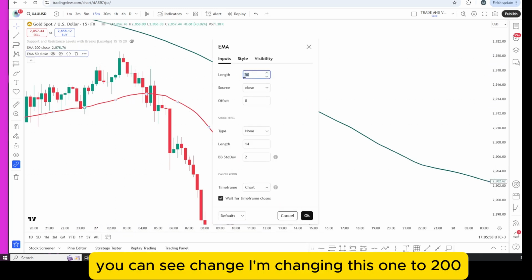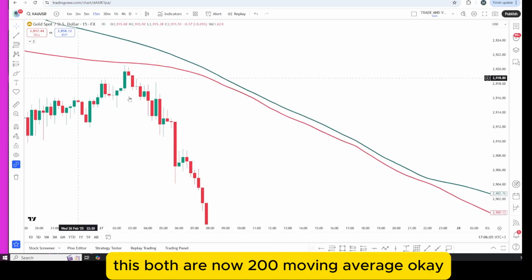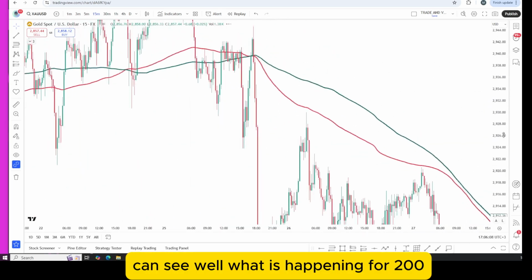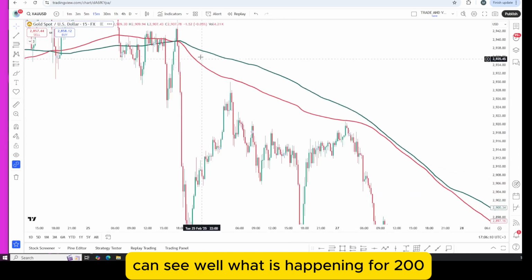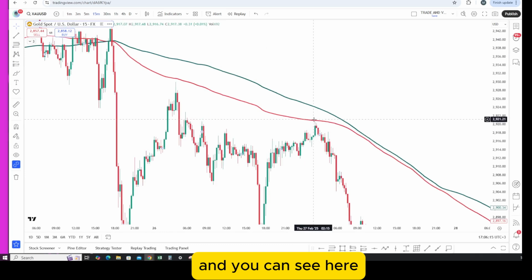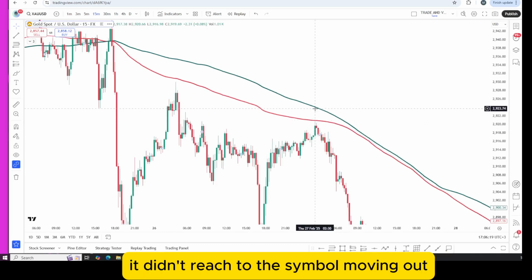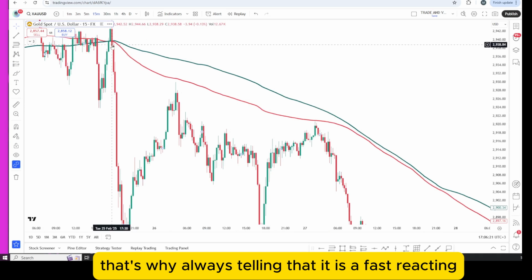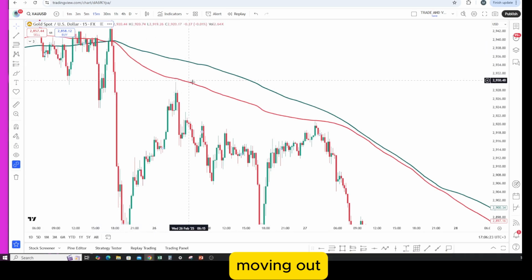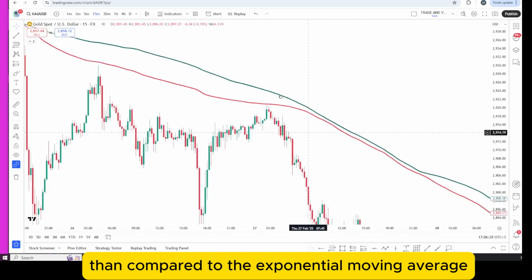You can see the change. Now both are 200 moving average. You can see both are now falling, and it reacted to the exponential moving average. It didn't reach the simple moving average. That's why we always say it is a fast reacting moving average. The simple moving average will be a little slower compared to the exponential moving average.